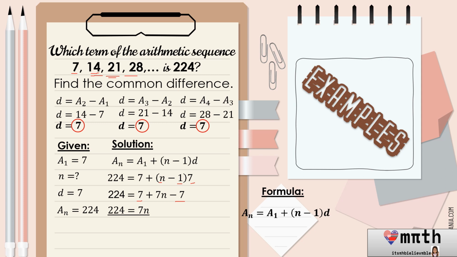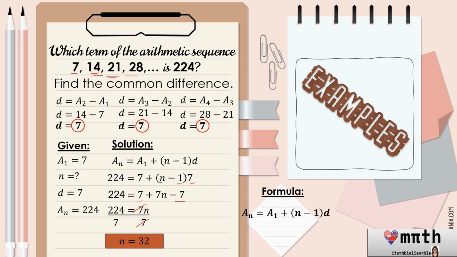And in order for us to get the value of n, we just simply divide both sides by the value beside n, which is 7. So, 224 divided by 7 and 7n divided by 7. We cancel out 7, leaving n, and 224 divided by 7 is 32.